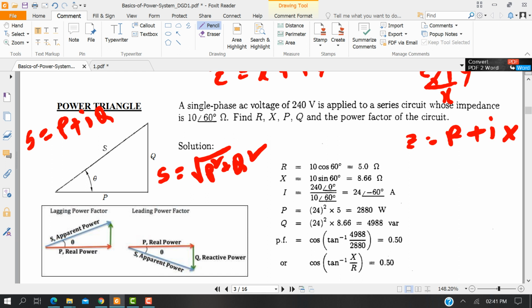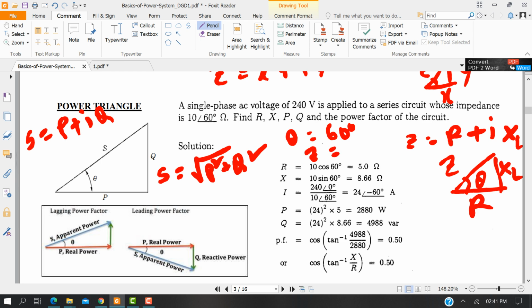Here you see that the angle is positive, so definitely it's an inductive impedance. If I draw the figure here, it's impedance Z, it's R, it's XL, and it's theta. Here theta is 60 degrees and Z equals 10 ohm.